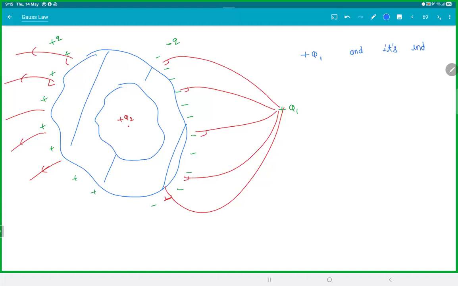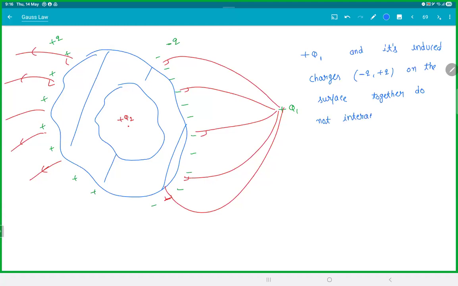So Q1 is inducing which charges? Minus Q and plus Q together, all these three of them together do not interact with that Q2 inside the cavity. Individually they do interact.